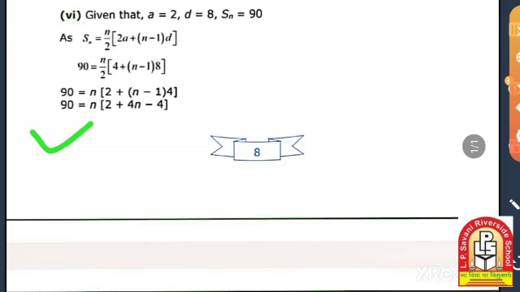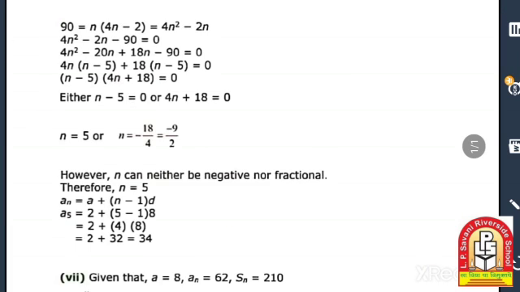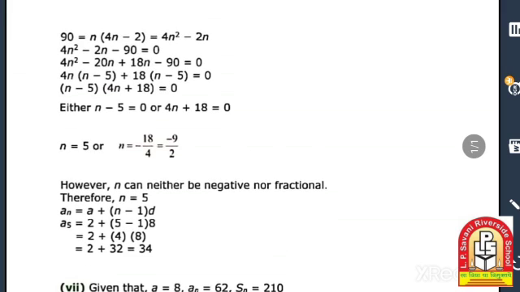So 90 is equal to n into 2 plus 4n minus 4. So 90 is equal to n into 4n minus 2, that is 4n square minus 2n.